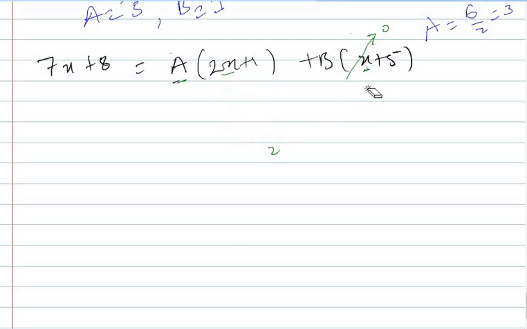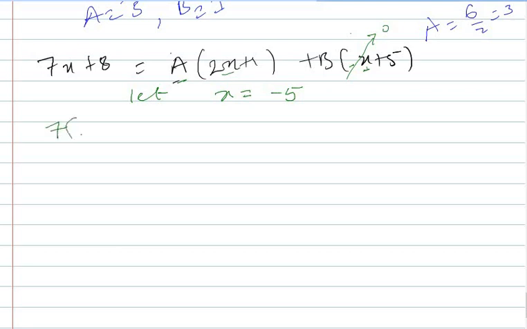Let's start with the simpler one. Let x be equal to minus 5. We already know that if we put minus 5 here, this will go. So any place in the equation you see x, you just replace it with minus 5.